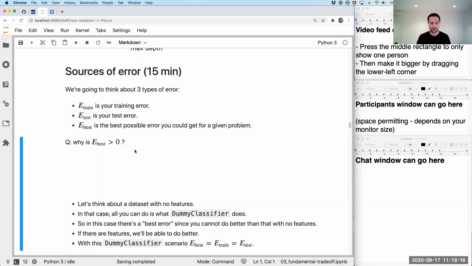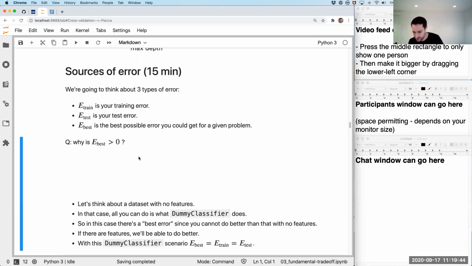And so there could be randomness, and that's why it's non-zero. And it could just be the fact that there's not enough signal, there's not enough information in the features you have to perfectly predict the thing you're trying to predict every single time. I gave you this extreme case of, you just don't have any features, but even if you do have features, they're not going to tell you perfectly exactly everything to always predict it exactly right. And so that's why E-best is not 0.